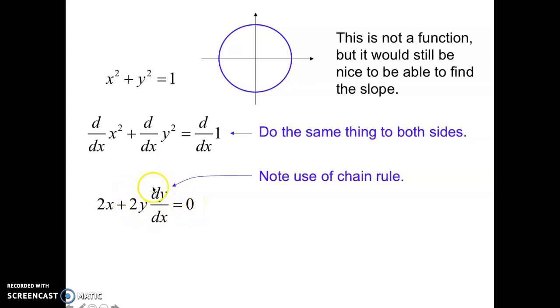If you notice, when we use the chain rule here, we don't have a rule yet for the derivative of the inside function here, y, so we just call it the derivative of y with respect to x.